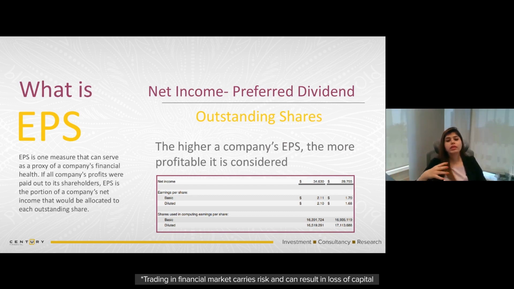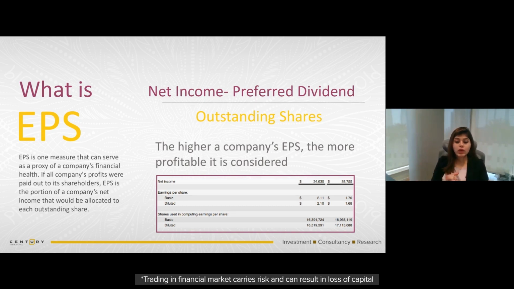So if the company wanted to distribute all the money it made in a particular year, then earnings per share is what the shareholder would have received. I hope this was clear. Earnings per share is not the same as the dividend.